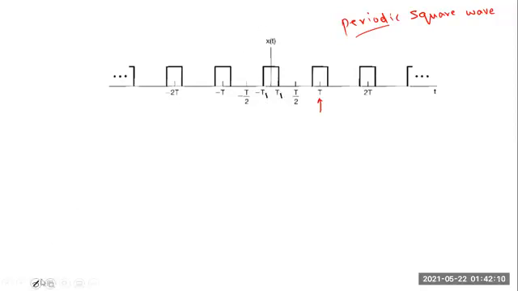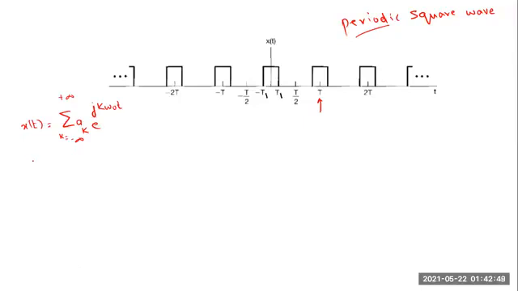Now, if I want to represent this signal in its Fourier series representation, I need to find its Fourier coefficients. So x of t, according to Fourier, must be represented by this form. So we need to find Fourier coefficients.